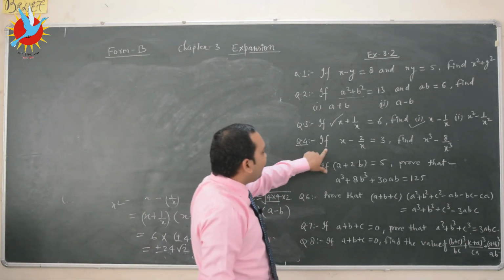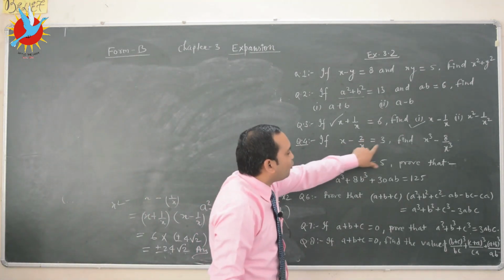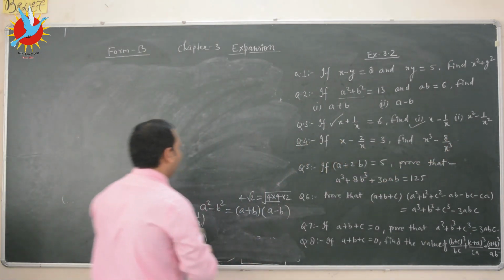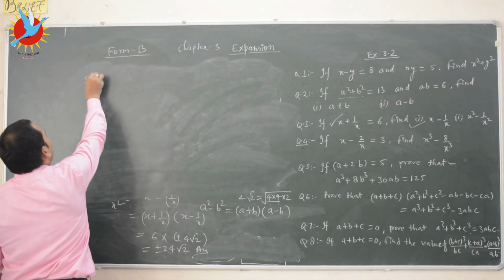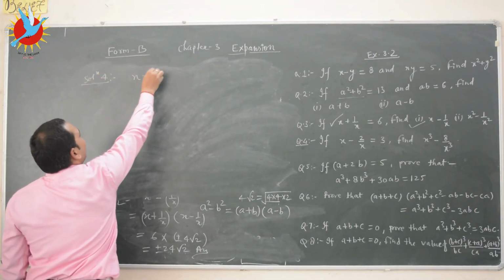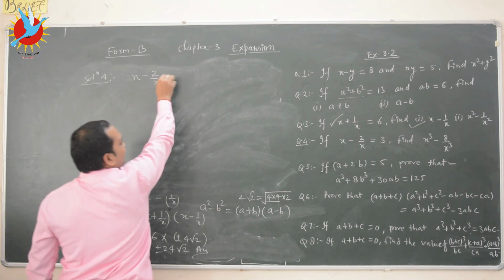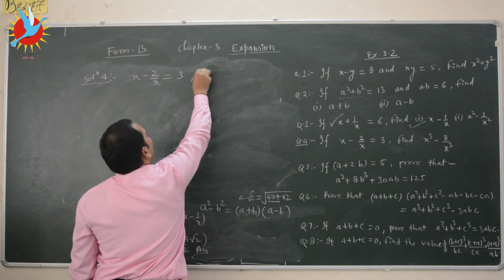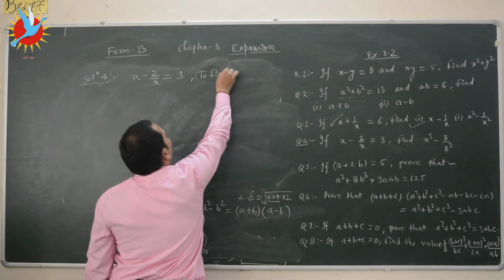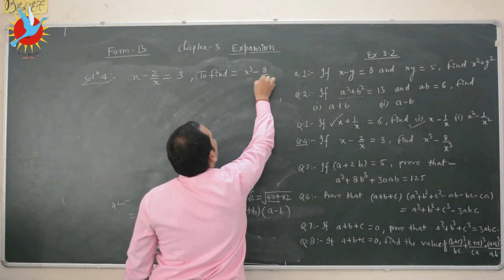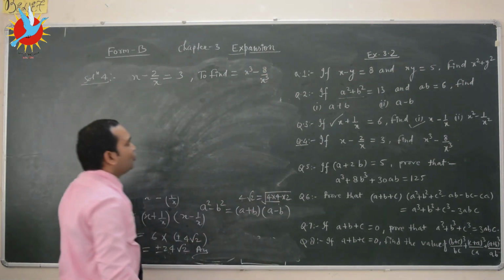Next, fourth question: if x minus 2 upon x is equal to 3, find x cube minus 8 upon x cube. Solution 4. It is given that x minus 2 upon x is equal to 3 and we have to find x cube minus 8 upon x cube.